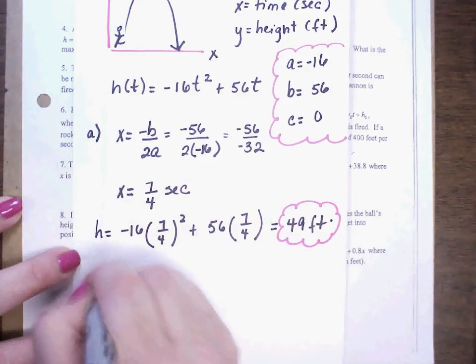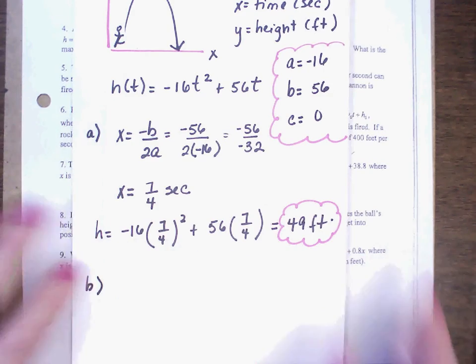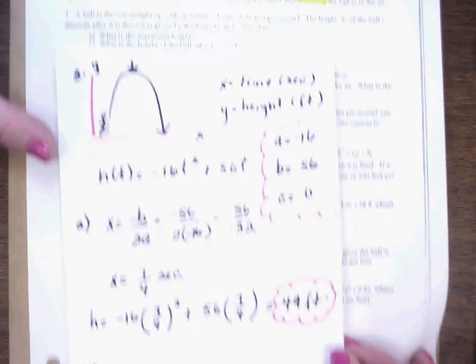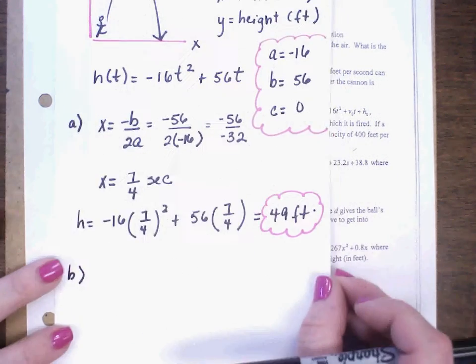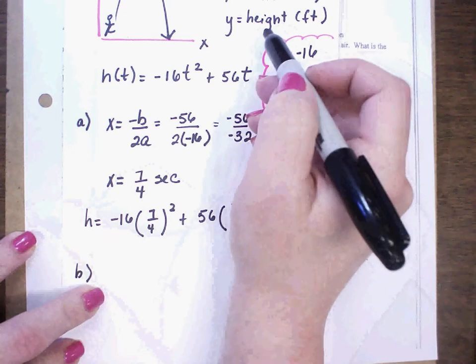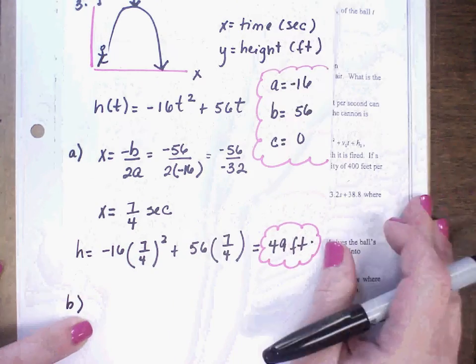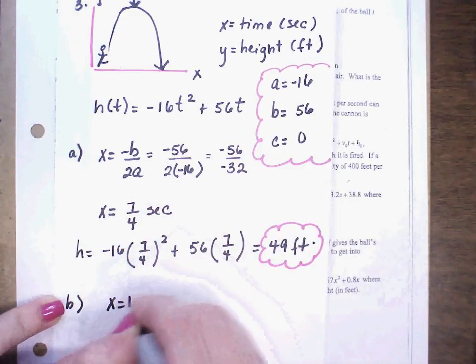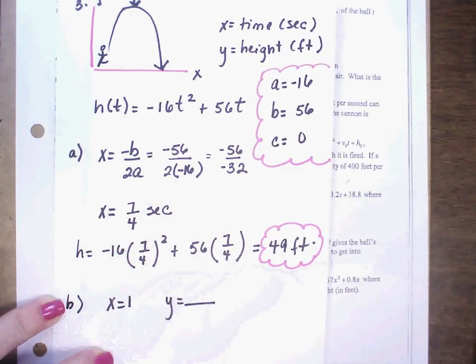Let's go to B. B is real easy. B says, what is the height of the ball after 1 second? So what does that mean? When x equals 1, what is y? Where would you go?